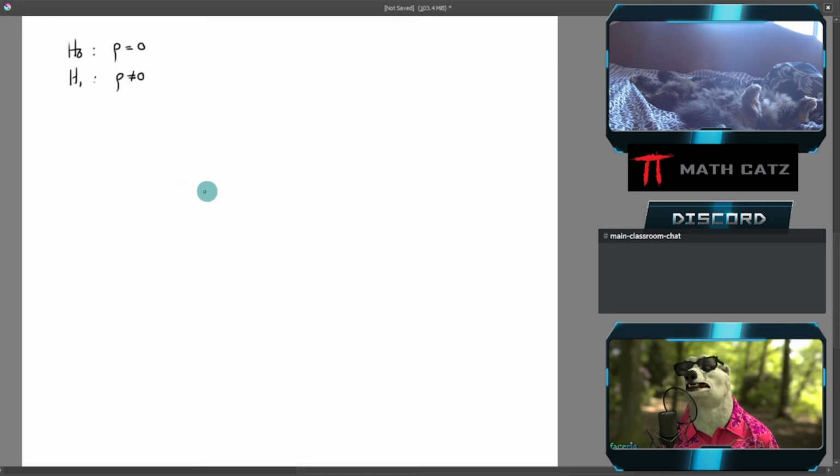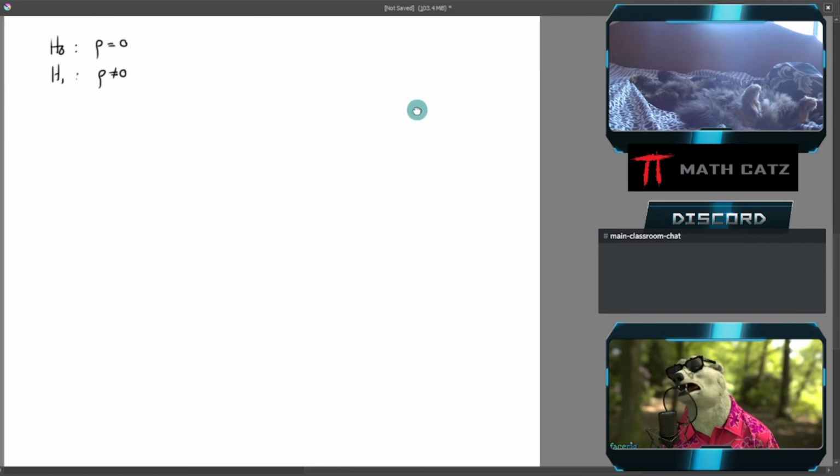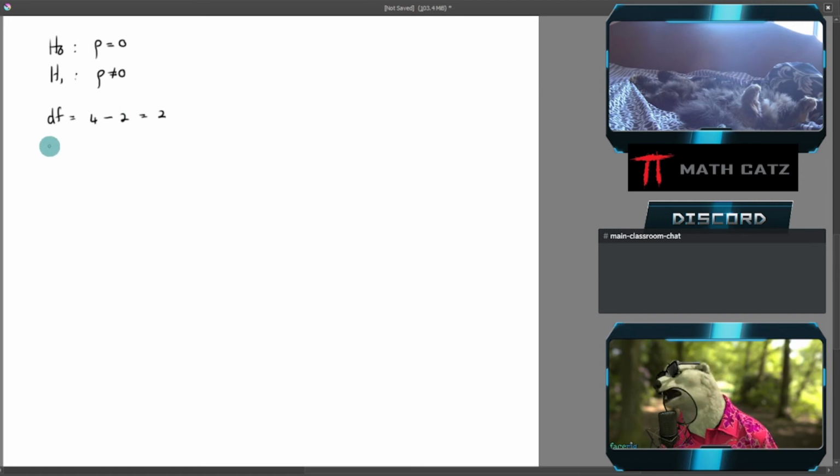Is the evidence strong enough? We got negative 0.98. I don't know if that's strong enough. That's based on one sample. My degrees of freedom are the sample size minus 2. And we have our significance level alpha at 5%, or 0.05, depending on whether we talk about it or use it in a calculation.